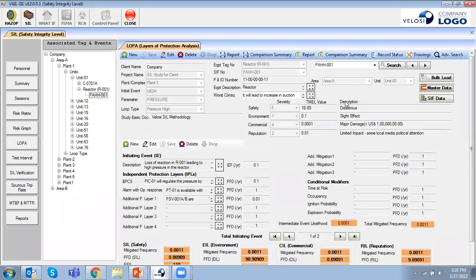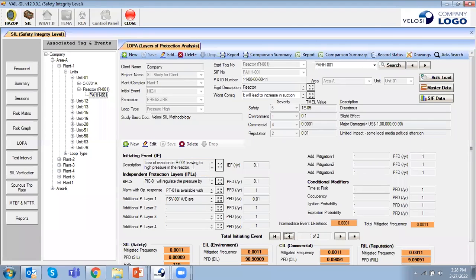Now coming towards the third step, which is the identification of the initiating events. From the HAZOP, we have identified that there are two causes. One is loss of reaction in the reactor leading to high pressure in the reactor. The second one is the malfunction of the control loop, which causes the control valve to get stuck in the open position. So we will analyze cause by cause.